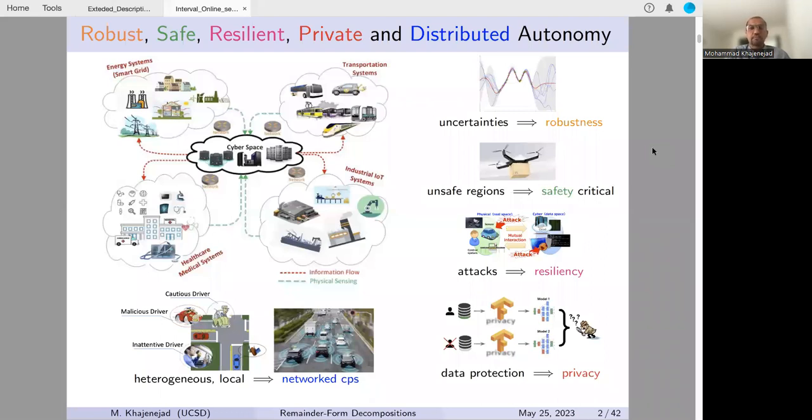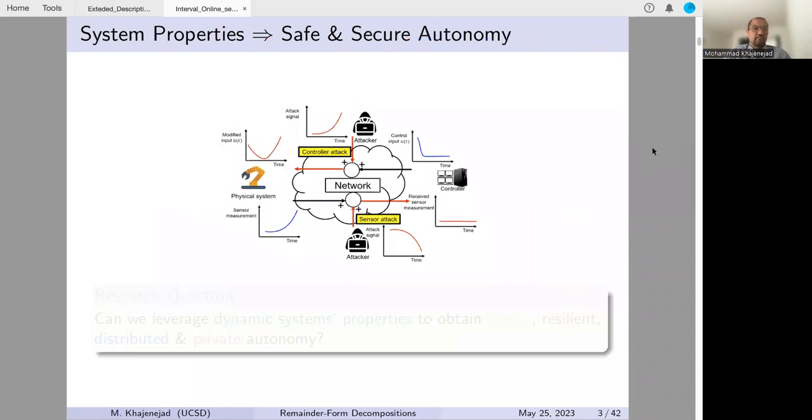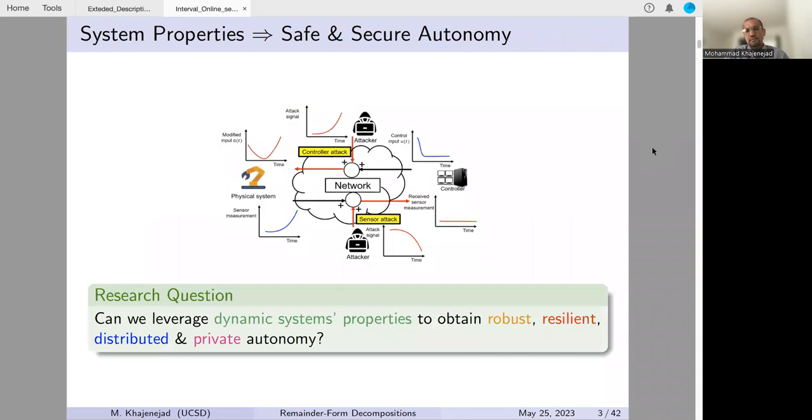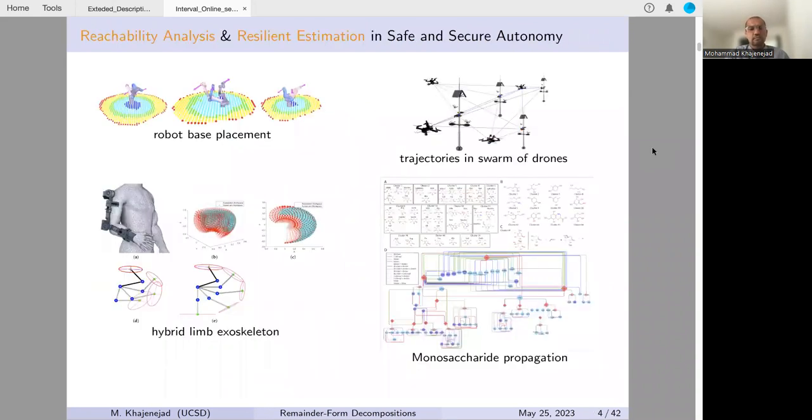Having these in mind, maybe my big research question has been: can we leverage some dynamical systems properties that help us to obtain robust, resilient, distributed, and private autonomy? In this talk, I'm going to talk about some of these properties, and in particular the interesting mixed monotonicity property that enables us to do guaranteed reachability analysis and resilient estimation as backbones of safe and secure autonomy.